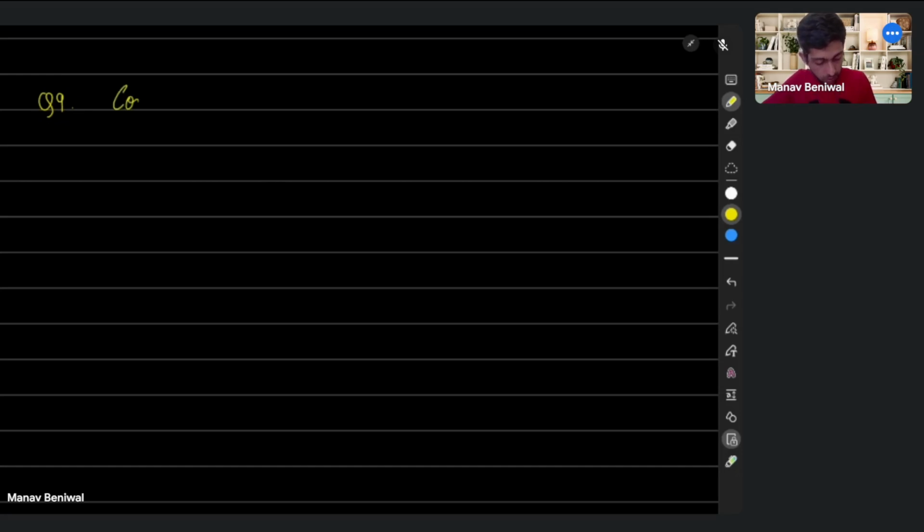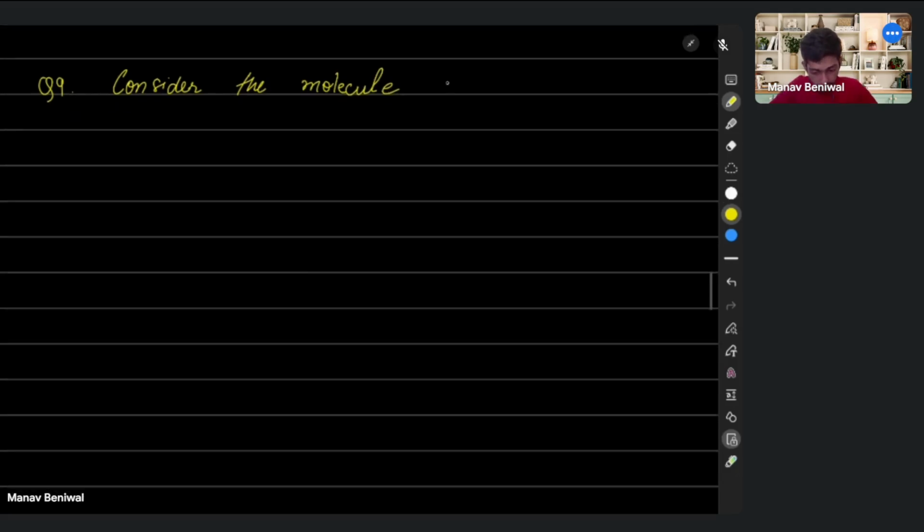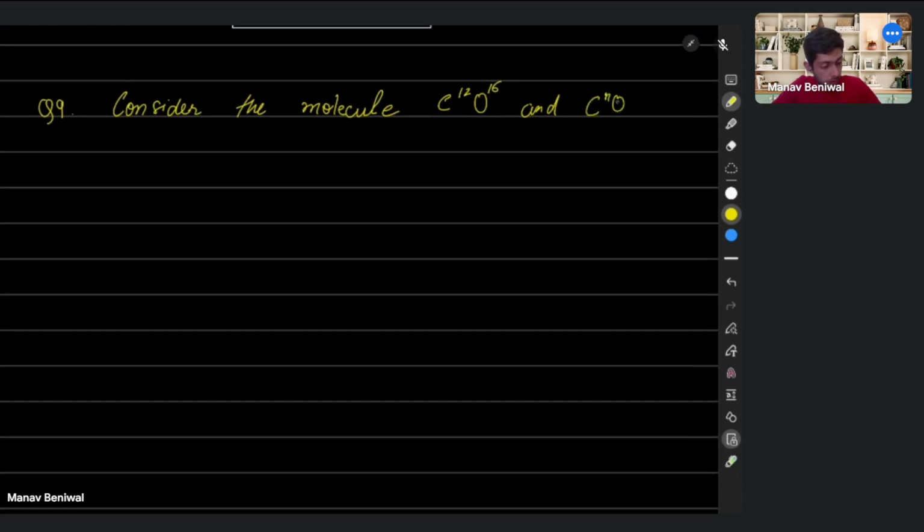Consider the molecule C12O16 and CnO16, where Cn is an isotope.